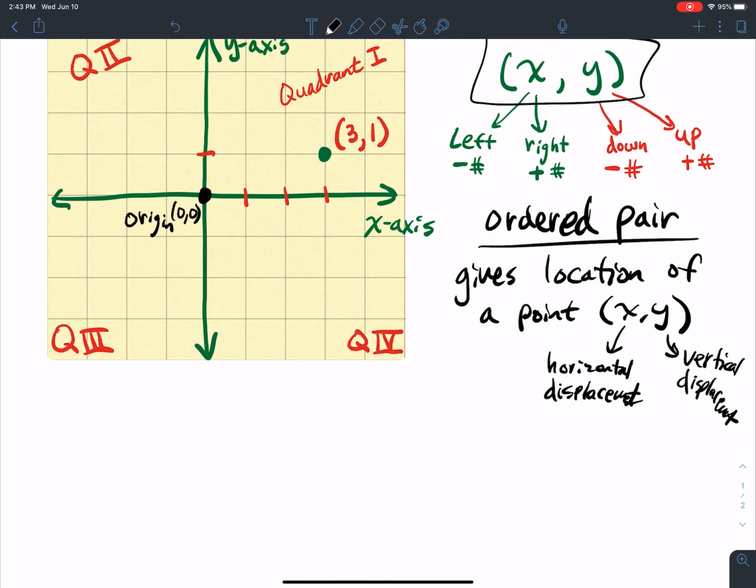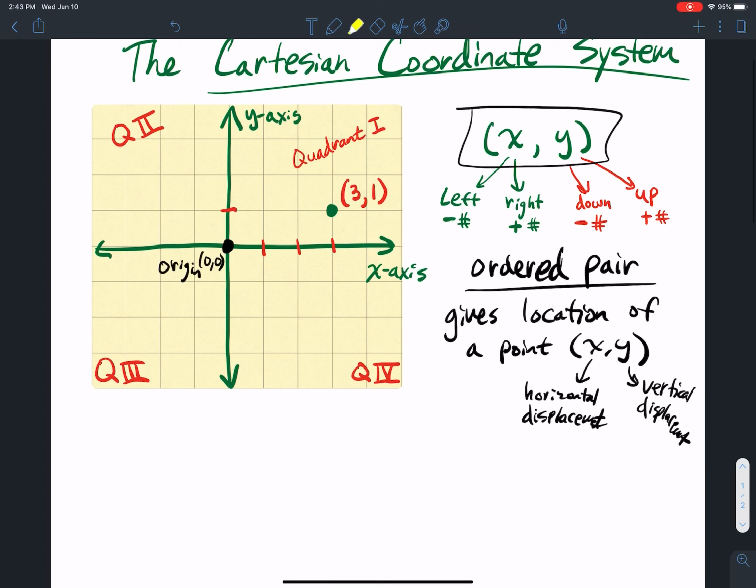Now on the x-axis, how far away are we vertically from the origin? Well, on the x-axis, y is equal to 0. We're 0 units away from the origin in the vertical direction.